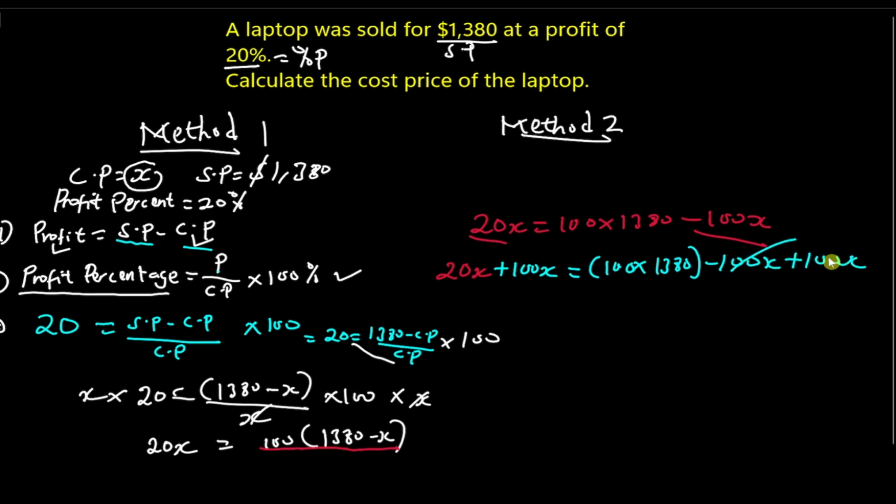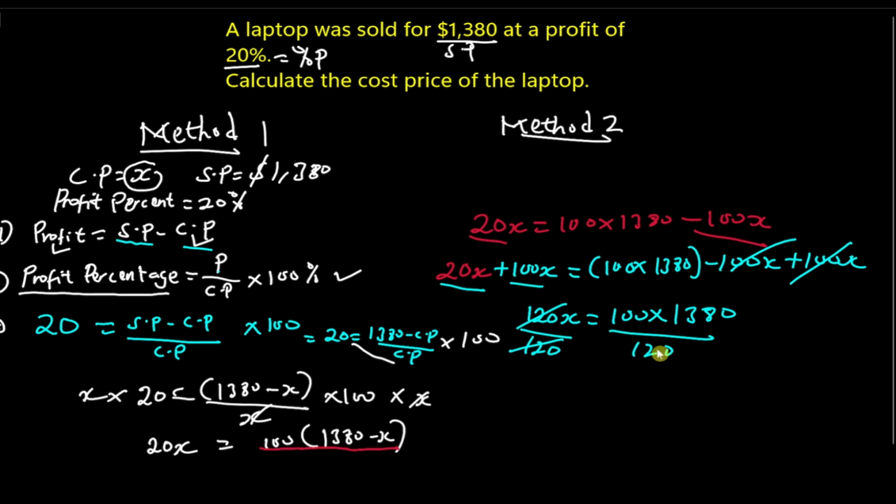This one cancels out, and 20x plus 100x is the same as 120x. Over here we have 100 times 1380. So we divide both sides by 120.